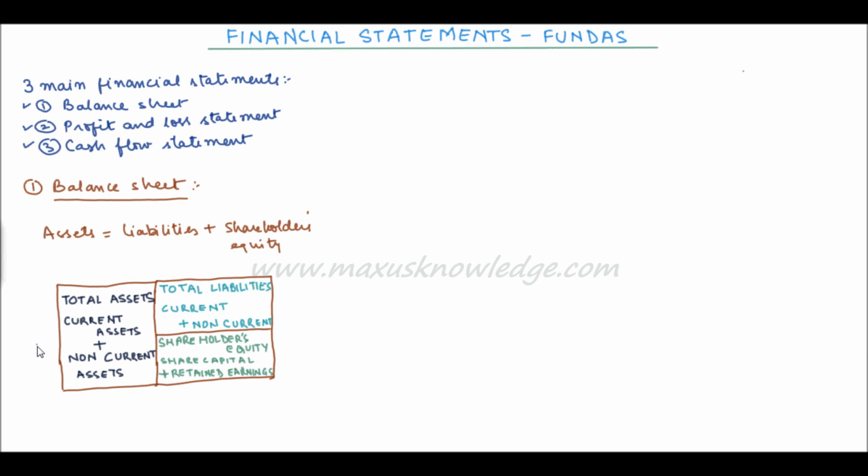Now, a simple balance sheet structure can be represented in this form. So, total assets is equal to total liabilities plus shareholders' equity. Now, total assets comprises of current assets plus non-current assets. Total liabilities comprise of current liabilities plus non-current liabilities.